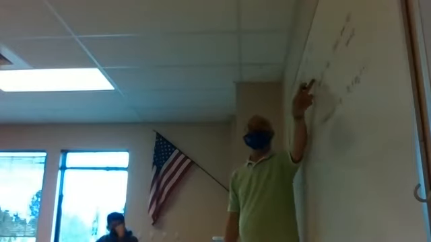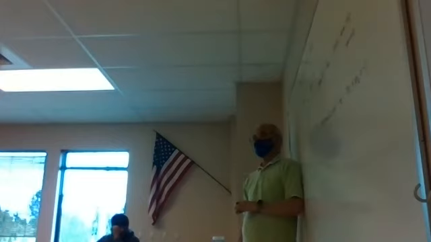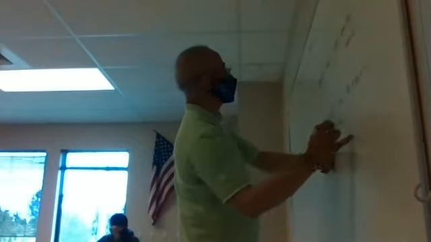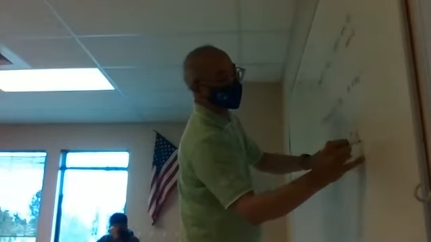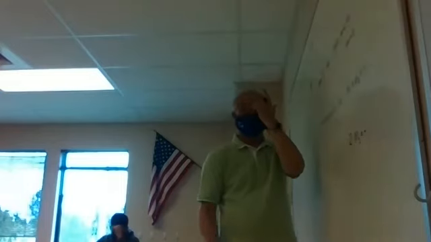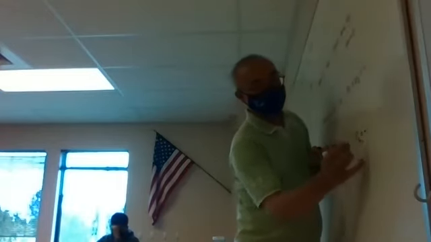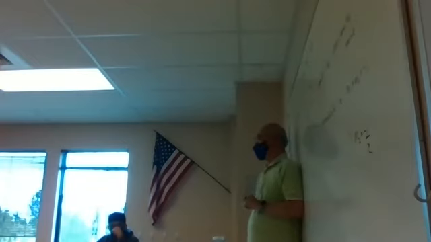So if this slope here is 2, what would this slope be? What can I multiply by 2 to get -1? Let's solve it. M1 was 2, so 2 times M2 is equal to -1. If I divide both sides by 2, M2 must be -1/2.